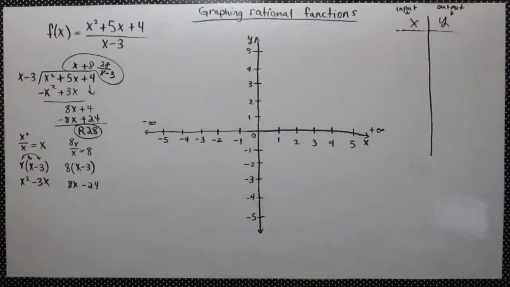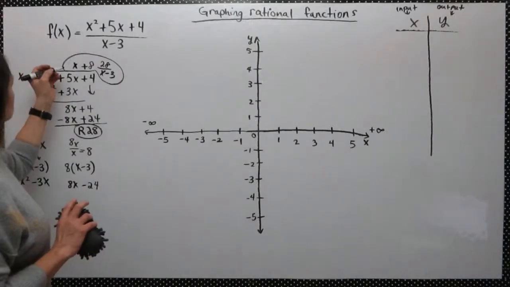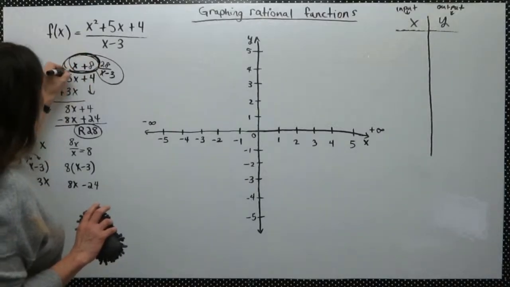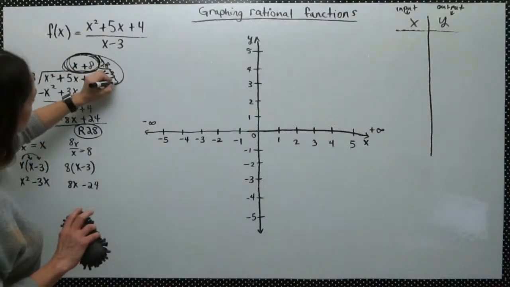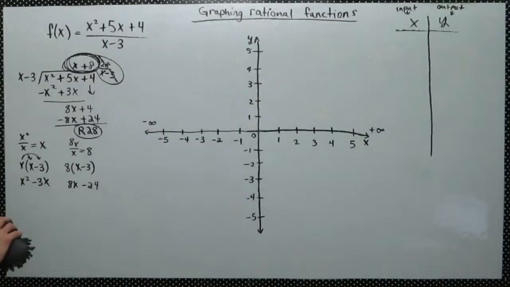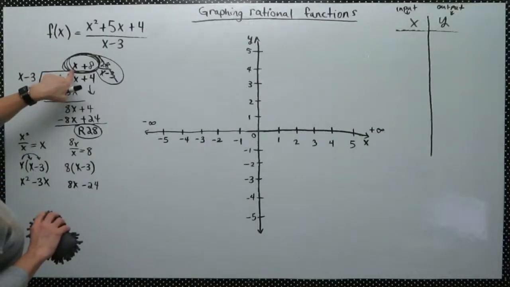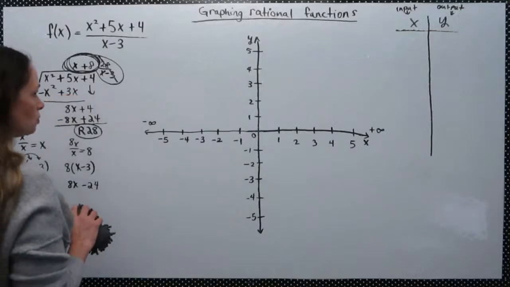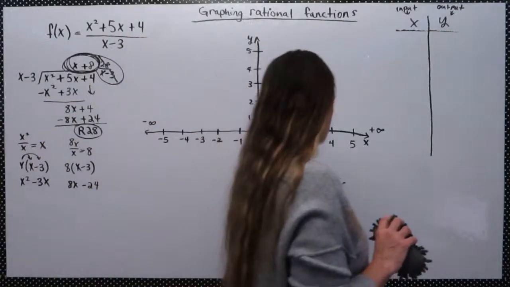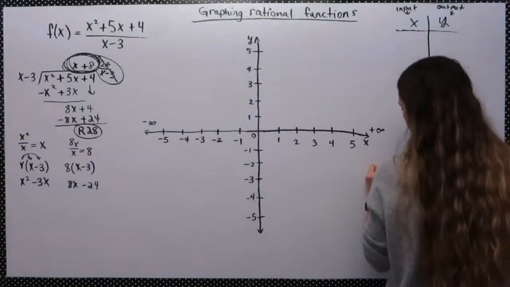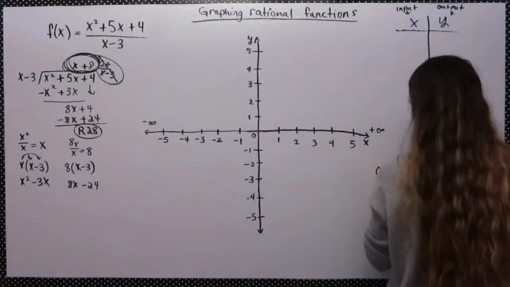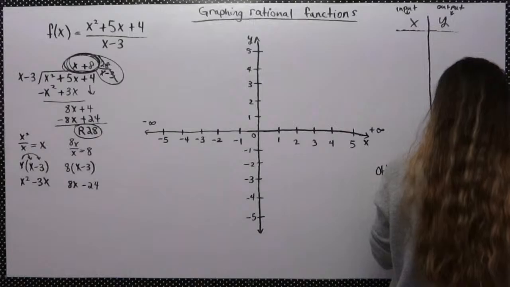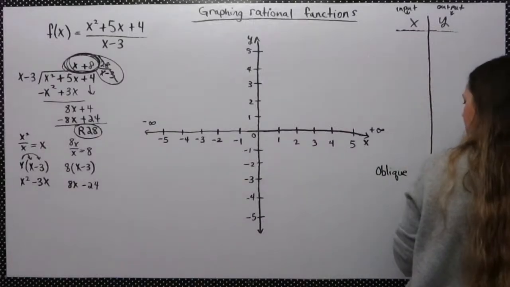The only thing that we need in this case is this x plus 8 part. We don't care about the remainder. The remainder doesn't matter. What this is telling me is this is my oblique asymptote, x plus 8. So I'm going to list this on my key values over here, my oblique asymptote.